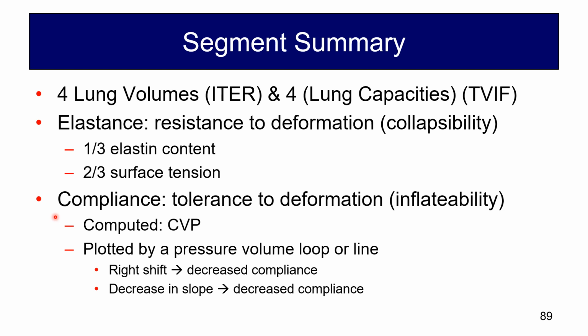Compliance, on the other hand, is the tolerance to deformation or the inflatability as far as the lungs are concerned. It is computed as volume over pressure. It is plotted by the pressure-volume loop or line. A right shift means that there is a decreased compliance. A decrease in slope means that there's a decrease in compliance.